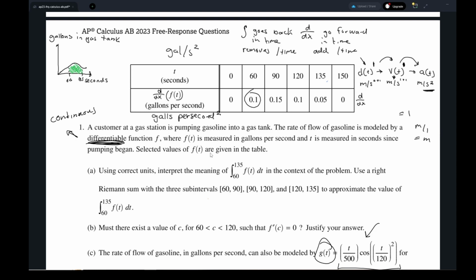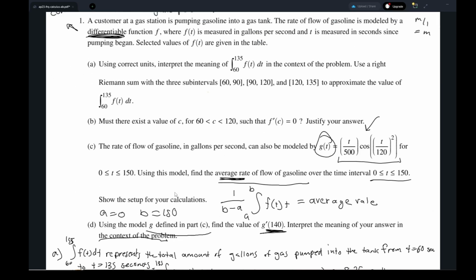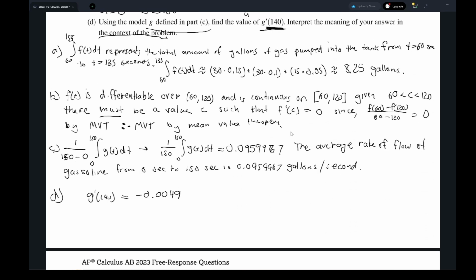If this is how many gallons are flowing into the gas tank every second, I want to know how quickly that rate is changing. And if our rate is negative, that means the rate at which gallons are pouring into the tank is decreasing. So it's going to be negative 0.0049 gallons per second squared, and that's going to give us the point for the unit.